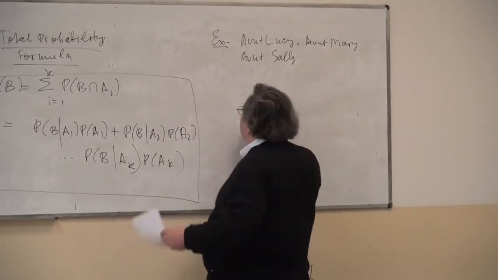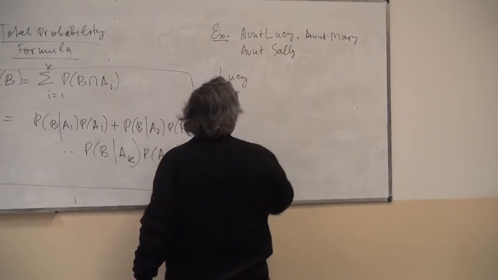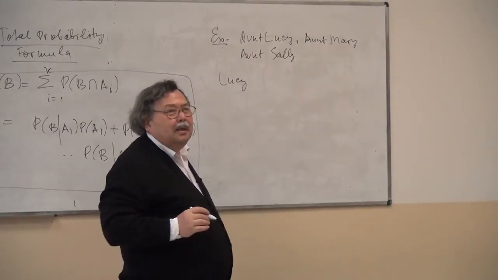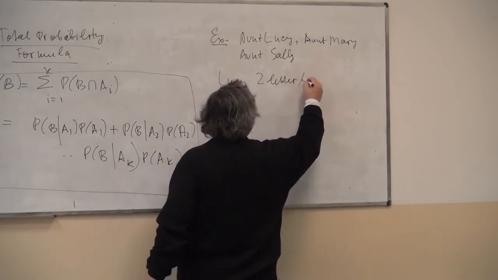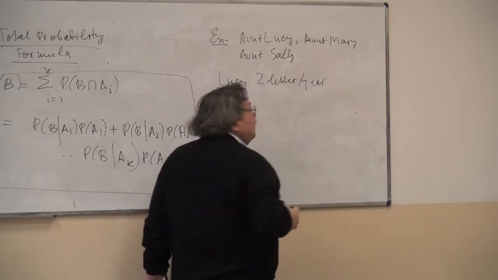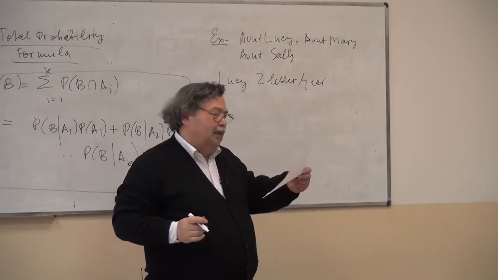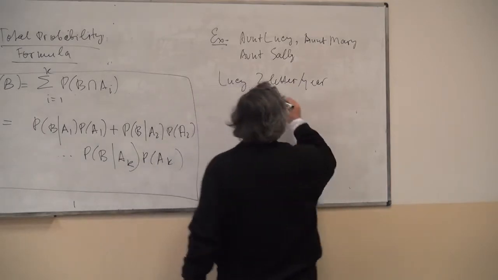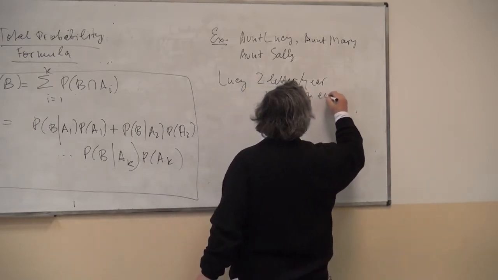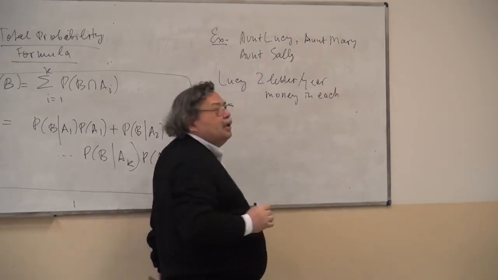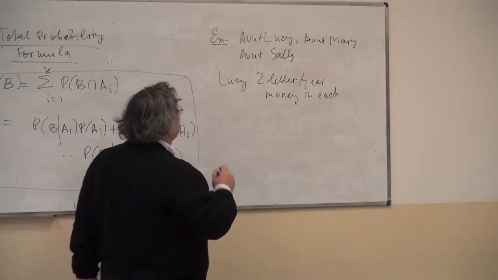Now, Aunt Lucy sends 2 letters per year, and each of her letters contains a banknote. So there is money in each letter from Aunt Lucy.